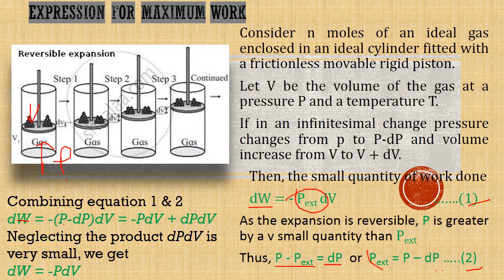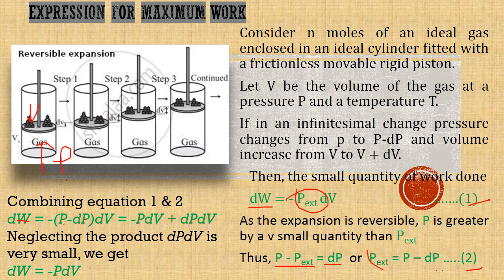The volume of a gas is increased by a quantity dV in each single step. As you can see, this is your dV. So when the volume of a gas increases by an infinitesimal amount dV in a single step, a small quantity of work is done. So now dW is equal to minus Pext dV.